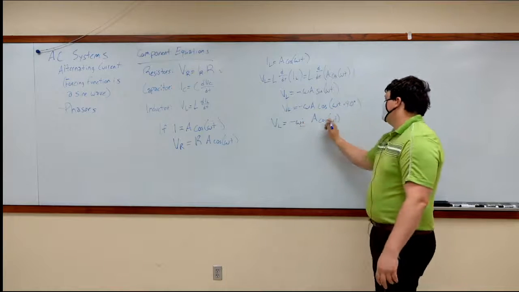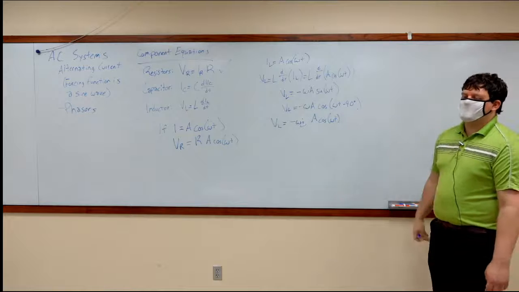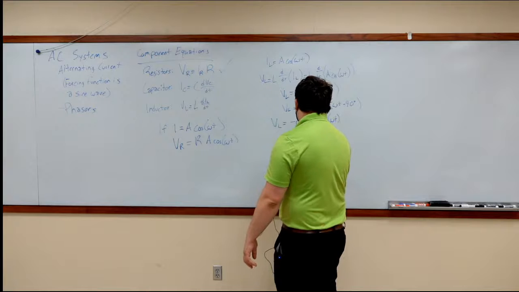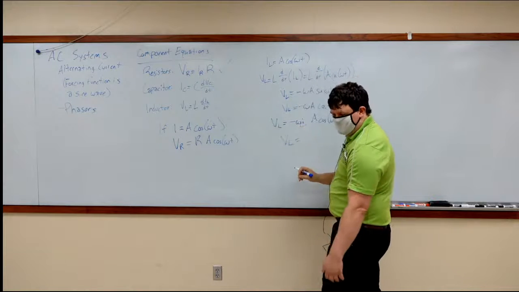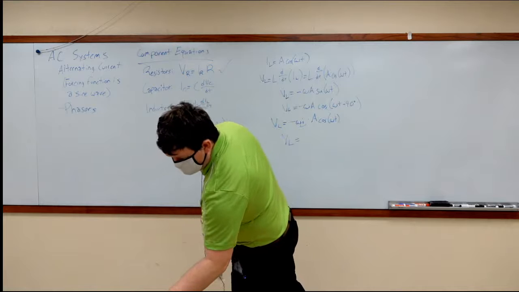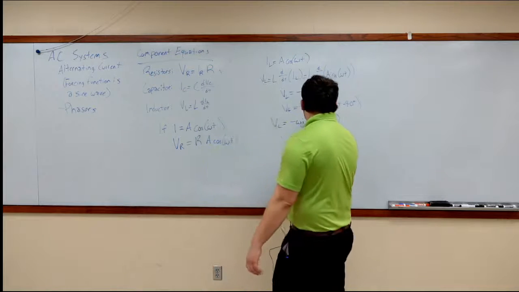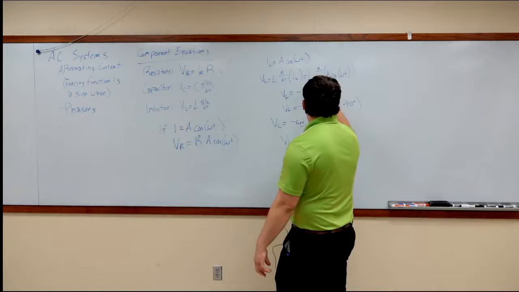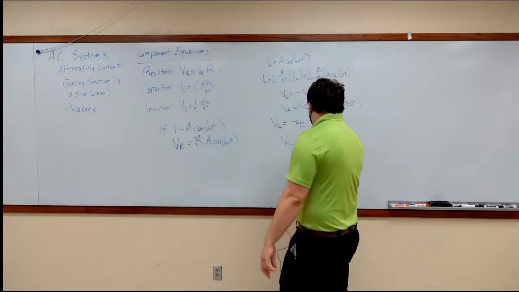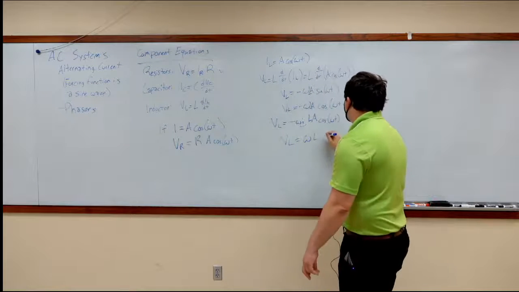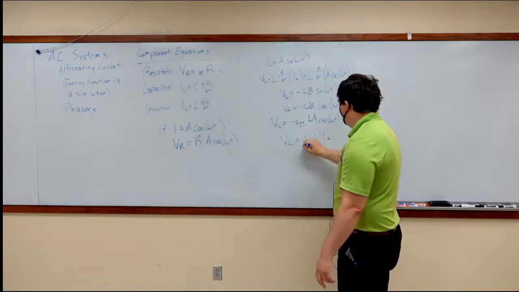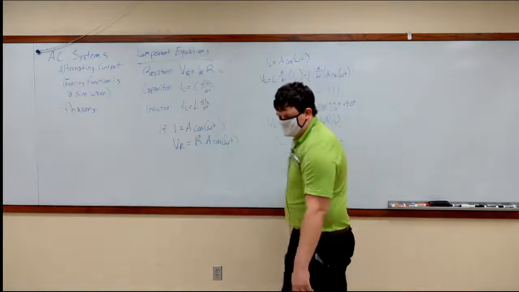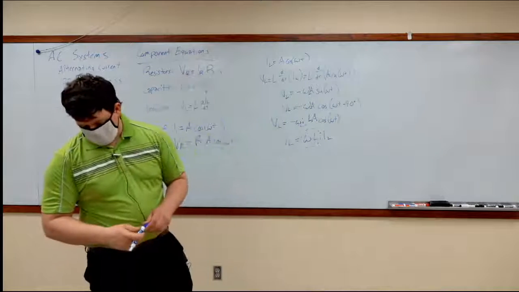This is how we get rid of that negative 90 degrees. So we just put it in phasor form, which means our VL is equal to j omega L times our original IL. Oh, and I forgot an L. Okay. And it turns out you can do this for capacitance too. The book derives these equations.